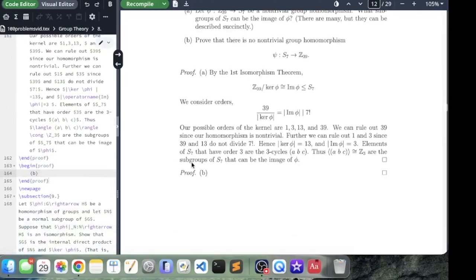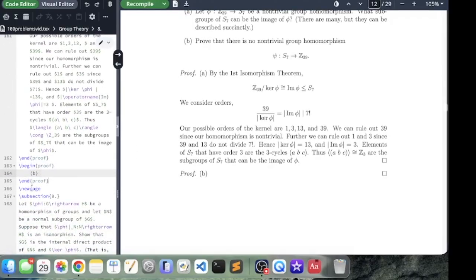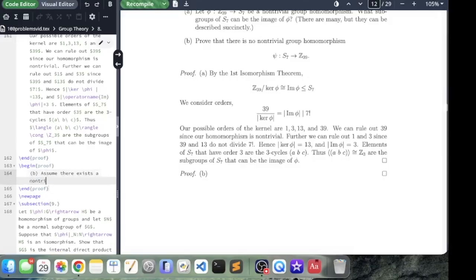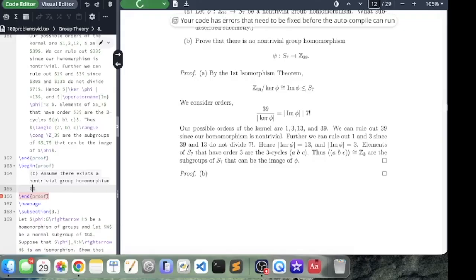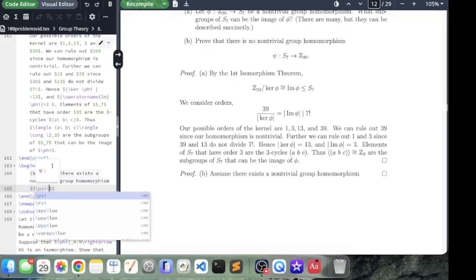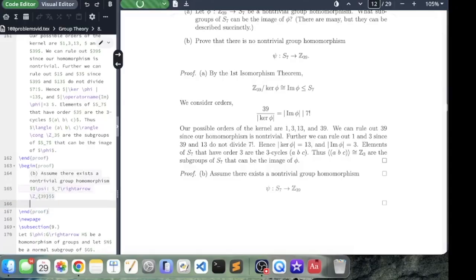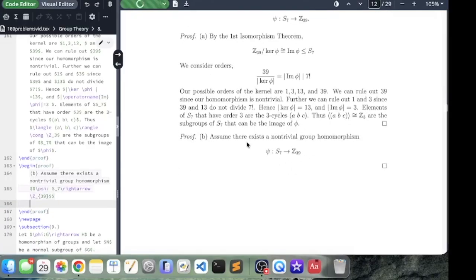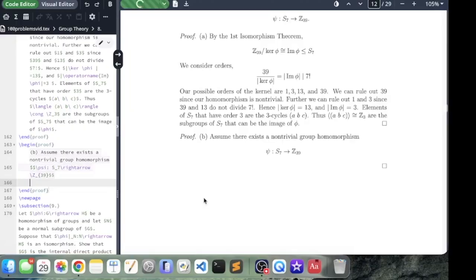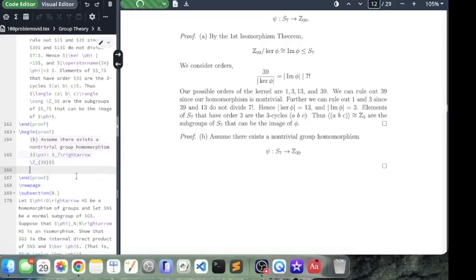So we'll assume there exists a non-trivial group homomorphism psi from S7 to Z39, and then we'll contradict why this can't happen.